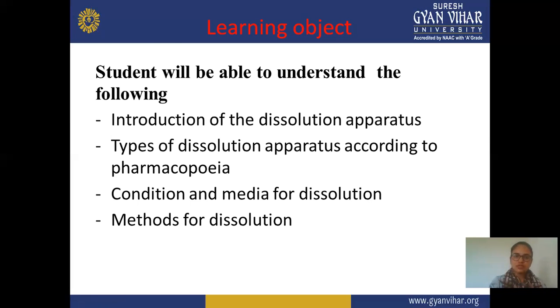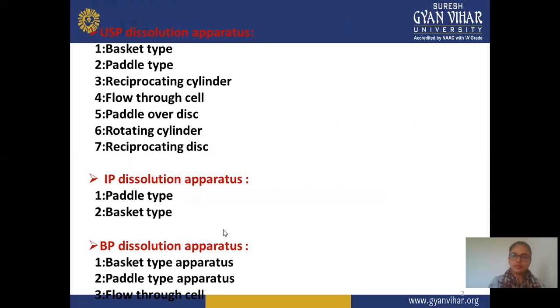Before starting this topic, these are the apparatus according to different pharmacopoeia: USP, IP, and BP. In USP, there are 7 apparatus. First one is the basket type apparatus, or type 1 is basket type. Type 2 is paddle type, and type 3 is reciprocating cylinder.